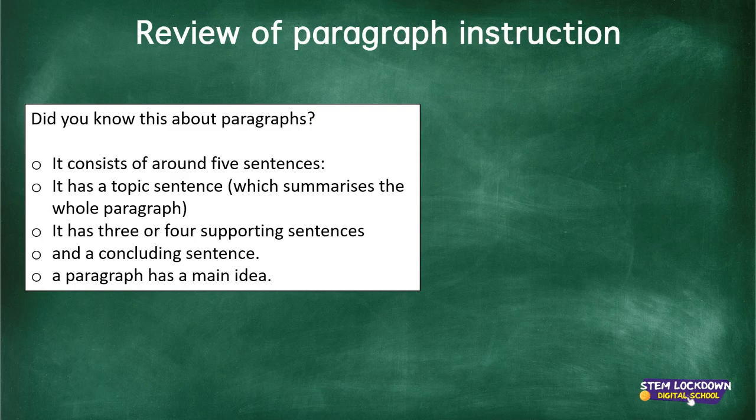It's got a topic sentence, which is the main sentence in the paragraph that summarizes the paragraph. And then the supporting sentences all refer to that. They just elaborate, they just tell more about that topic sentence. It's got a concluding sentence, and every paragraph has one main idea in the paragraph. Right, got it.